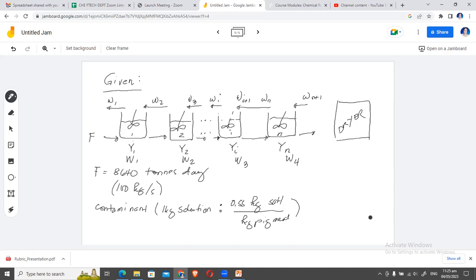If I will represent it generally as W for letter A, it says here that your slurry contains 0.5 kilogram solvent per kilogram pigment.